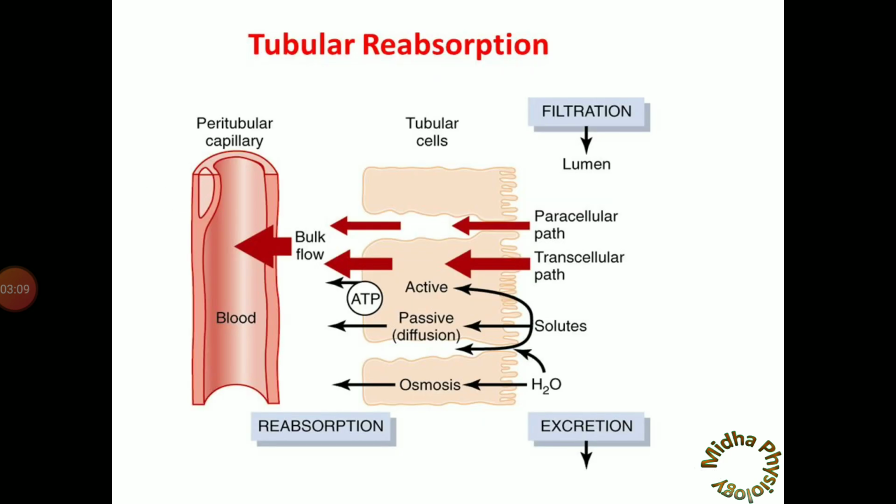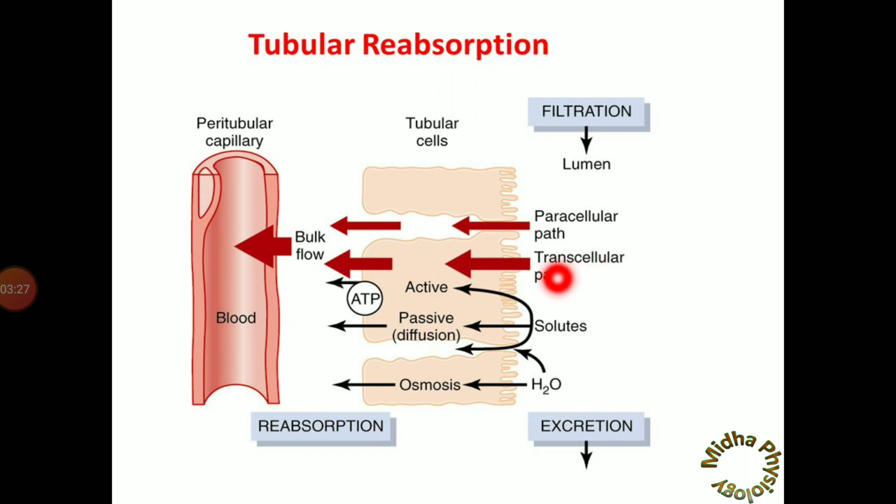Now let us see how the reabsorption occurs in the renal tubule. For the ultrafiltrate which is coming in the lumen of the renal tubule to be reabsorbed, it can undergo two pathways: the transcellular pathway and the paracellular pathway.